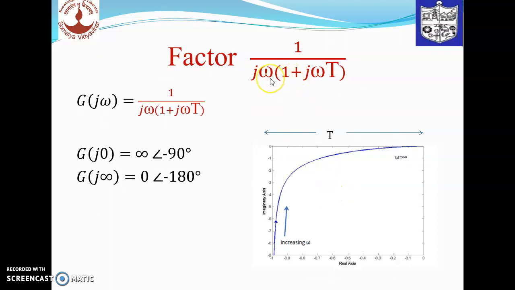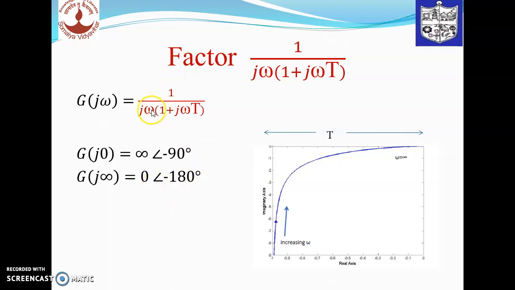Now we add a pole at the origin to the previous transfer function, so I have 1 by j omega into 1 plus j omega t. When omega equals 0, it is infinity angle minus 90, and when omega equals infinity, it is 0 angle minus 180.